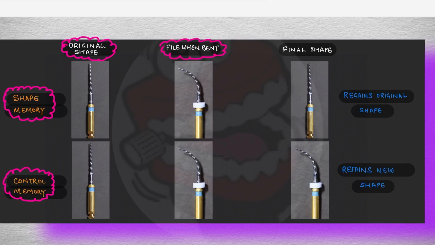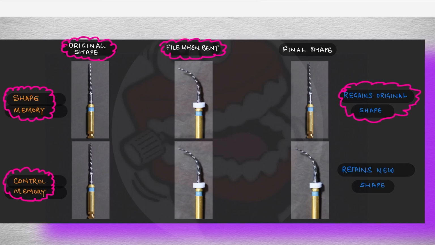After bending, when we leave the file, what happens is the file regains the original shape that it had right from the box. So it immediately regains the shape.